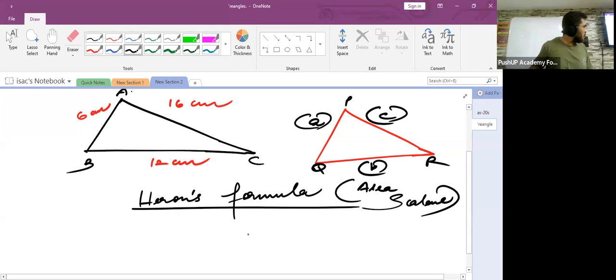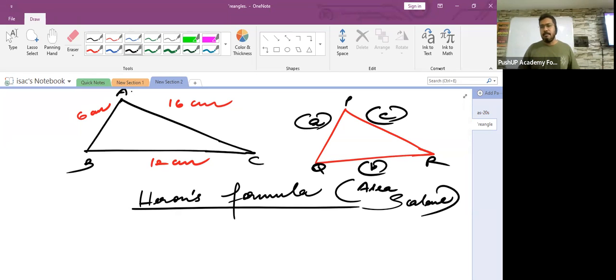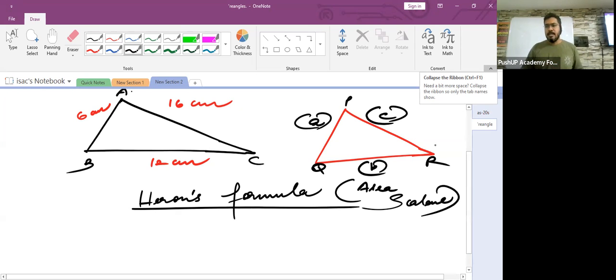In mensuration, we have a formula called Heron's formula, which will help us to find the area of a scalene triangle when all of its three sides are given to us. I'll teach you what is Heron's formula, and then we will solve a sum based on it. Okay, noted it? Heron's formula to find area of a scalene triangle.